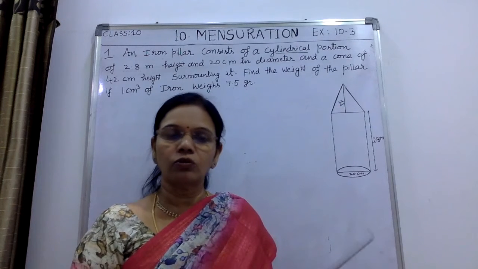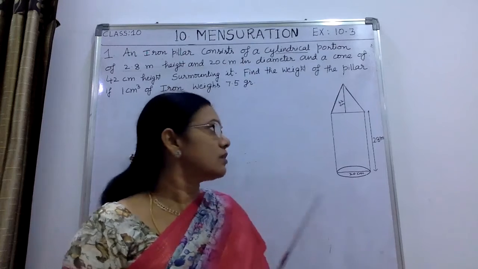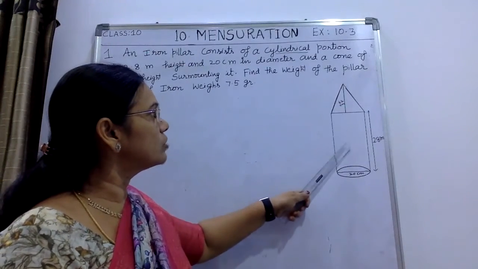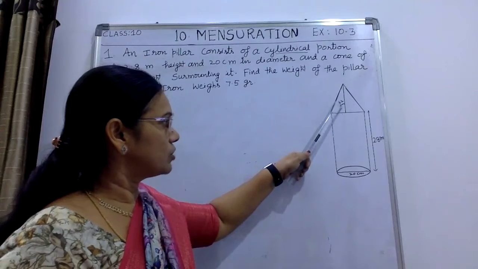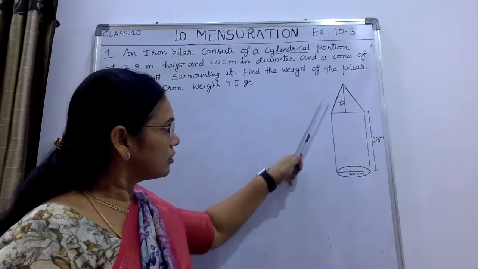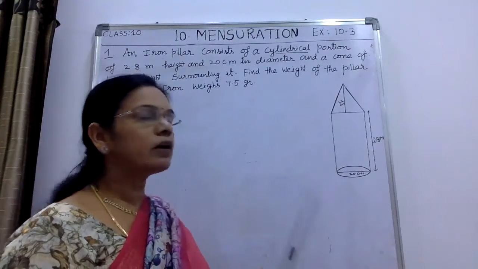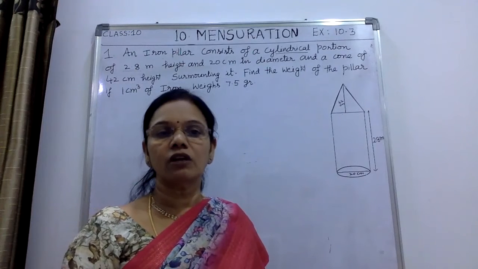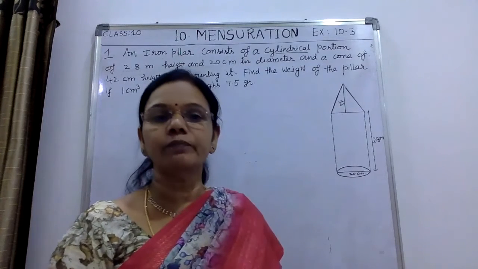So, how to solve this problem? This iron pillar is a combination of a cylindrical portion and also a conical portion. So we have to find the volume of the complete iron pillar. For that, we need to solve this problem step by step.